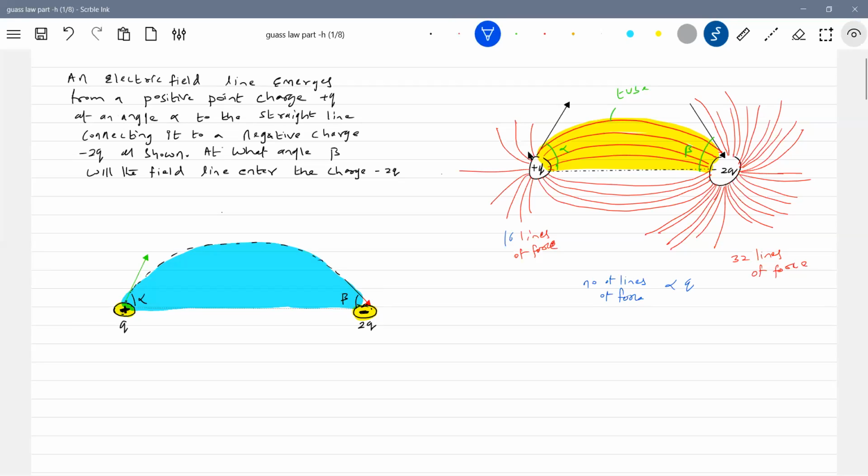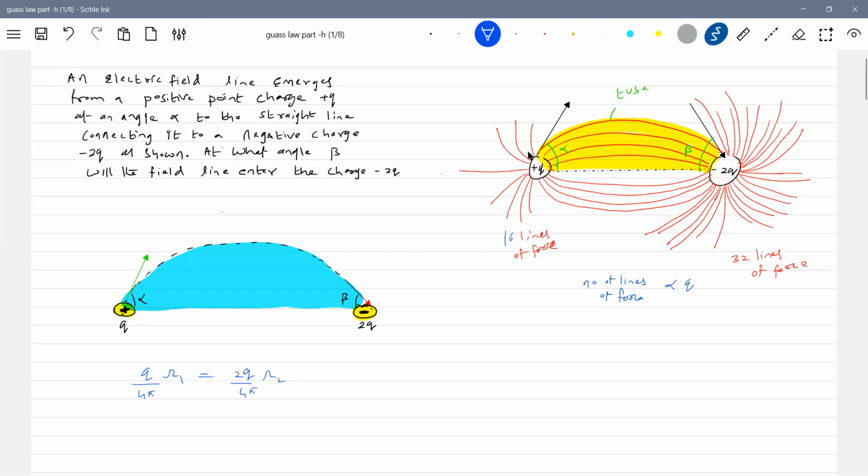So how many lines of force are there in the tube? I'll take help of the unit solid angle. What is the solid angle for a spherical surface? 4 pi. And the number of lines of force are proportional. So this will become Q by 4 pi into solid angle alpha 1, which should be equal to 2Q by 4 pi into solid angle alpha 2. What are alpha 1 and alpha 2?